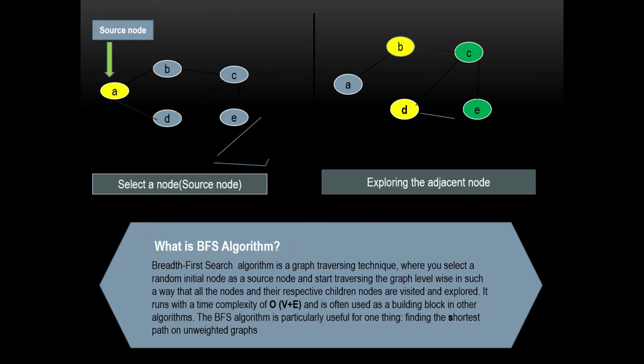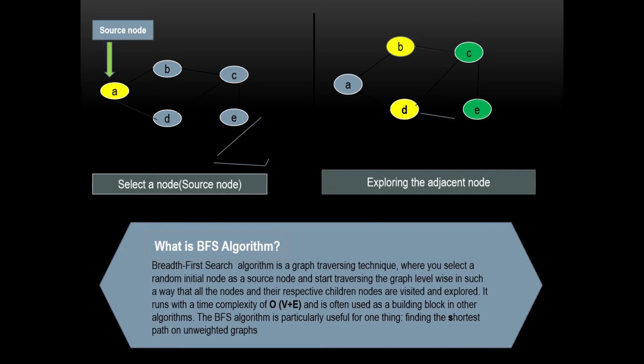Breadth first search is a graph traversing technique where you select a random initial node as a source node and start traversing the graph level-wise. In such a way, all the nodes and their respective children nodes are visited and explored.